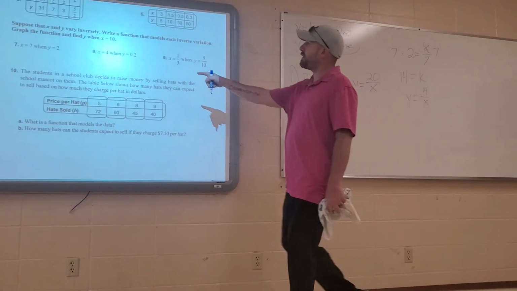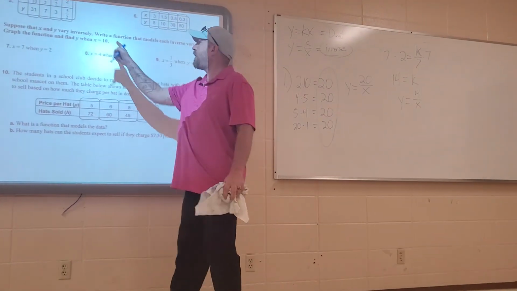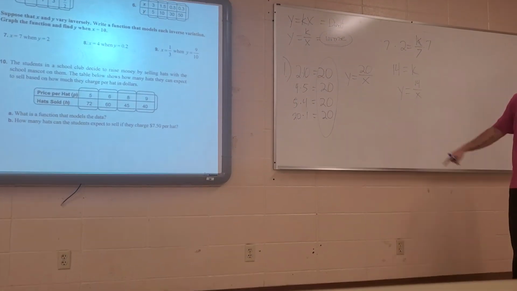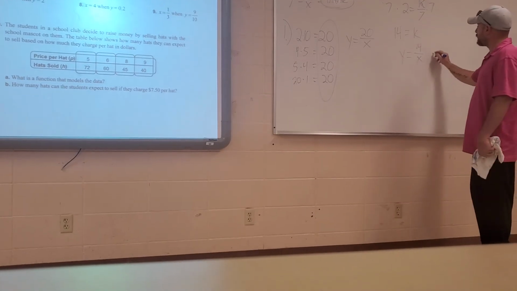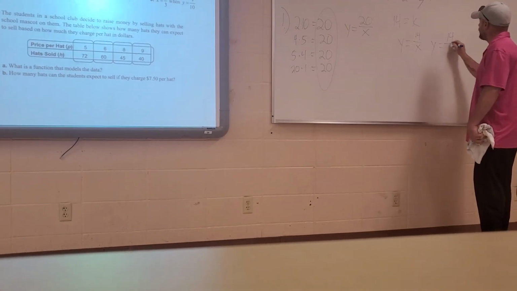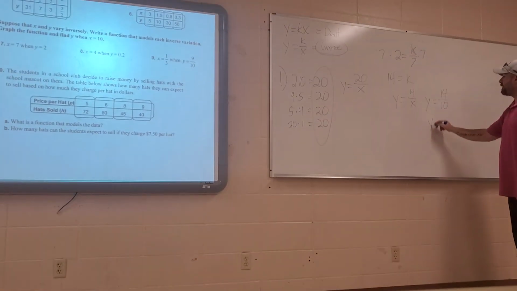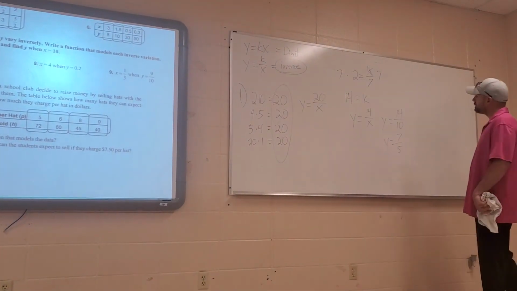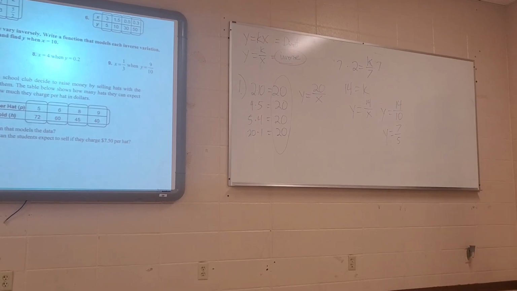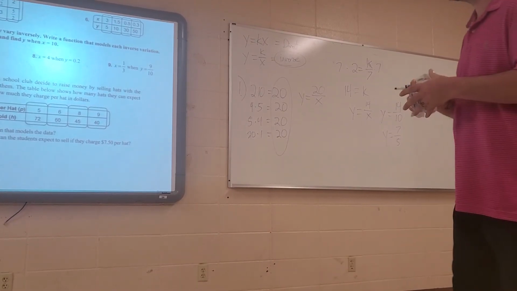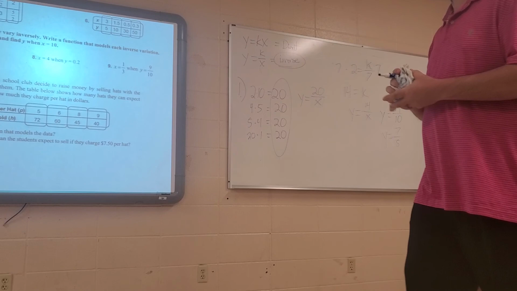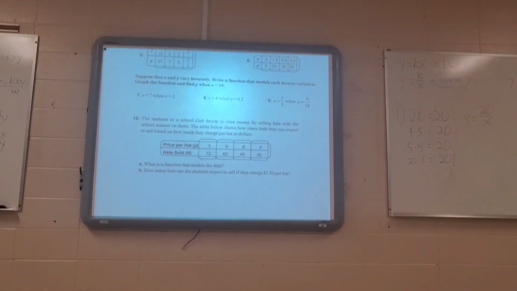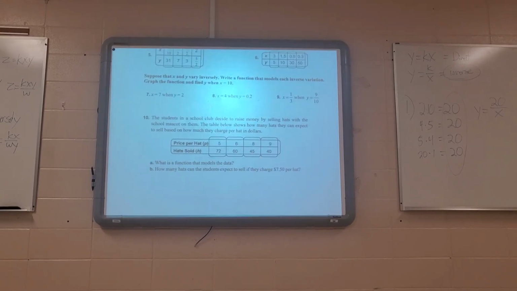And then it says find y when x is 10. Well, you just put a 10 here. Okay? So then y equals 14 over 10. So you can leave it as 14 over 10 or 7 over 5. Okay? You just do the same thing for the other two. Alright? And then this last one I want y'all to try and figure out on your own, doing what we learned. Alright, that's it.